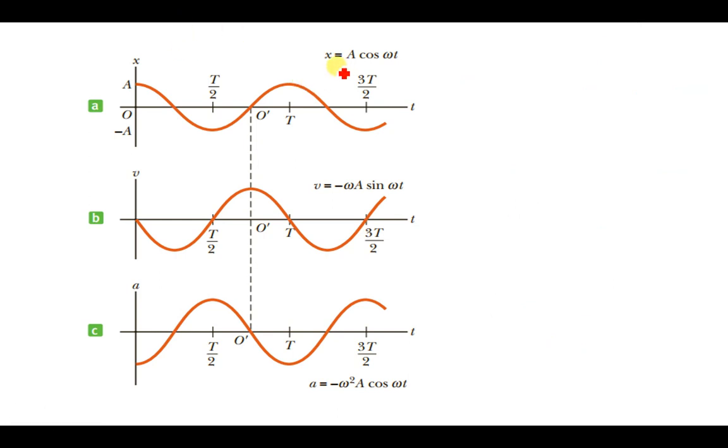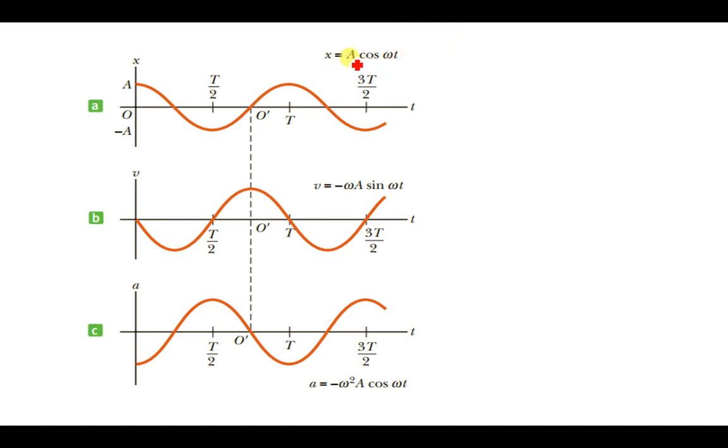So let us first find dx dt using this expression. When you differentiate this, a is the amplitude, a constant, so we leave it like that. And then when you differentiate cos wt, using chain rule, you differentiate the value of wt there. Let me just derive it bit by bit using chain rule.